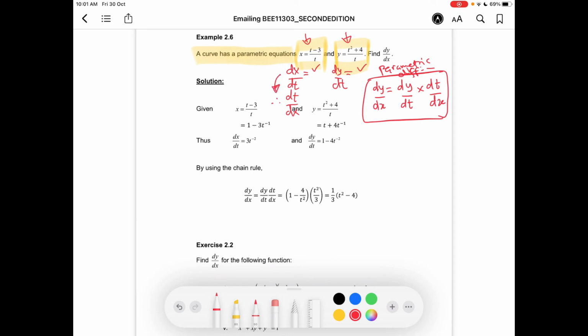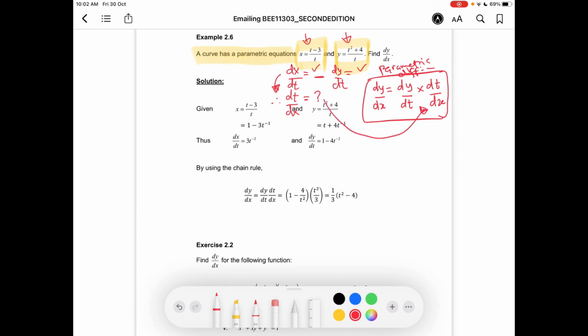This is the crucial step that you need to do. You need to swap the position, so that you can then plug in the values into the formula.